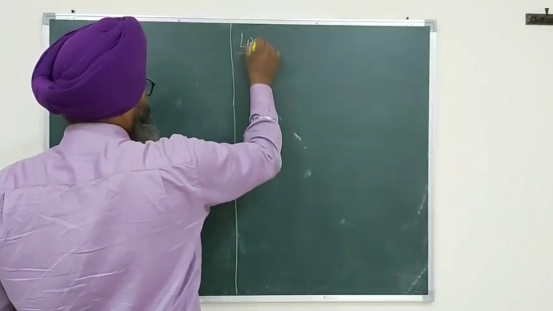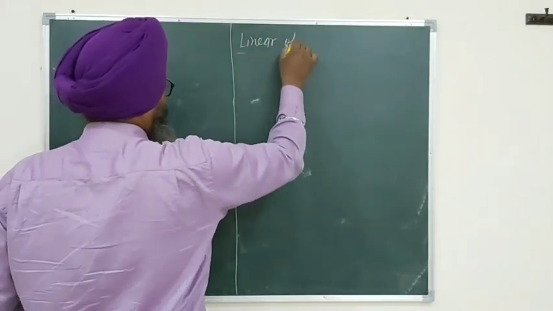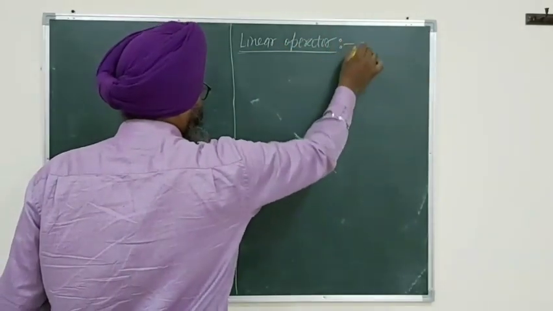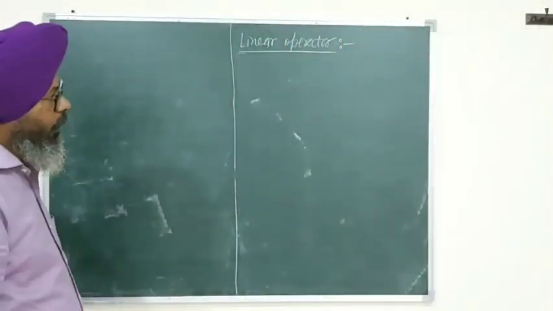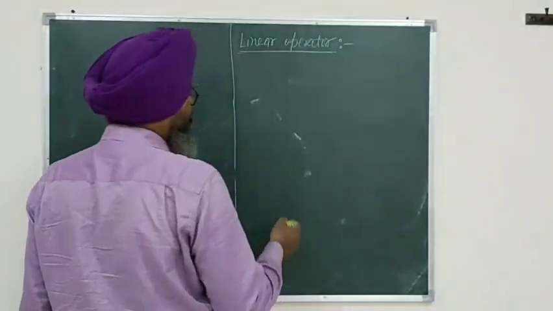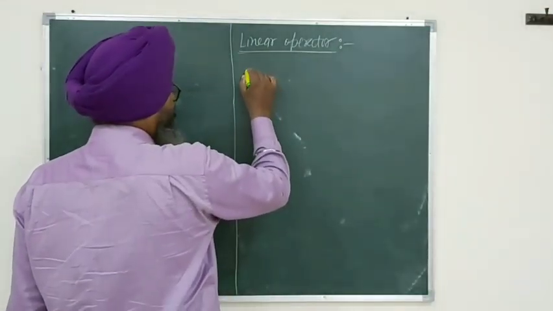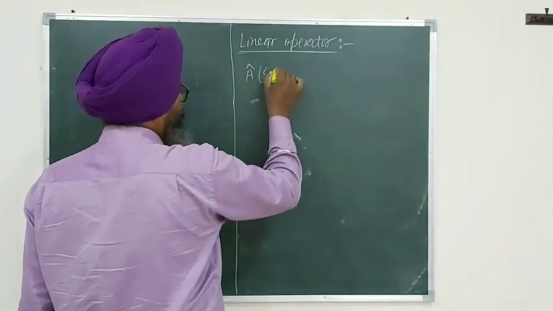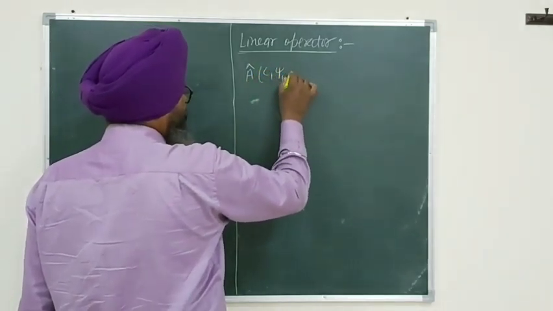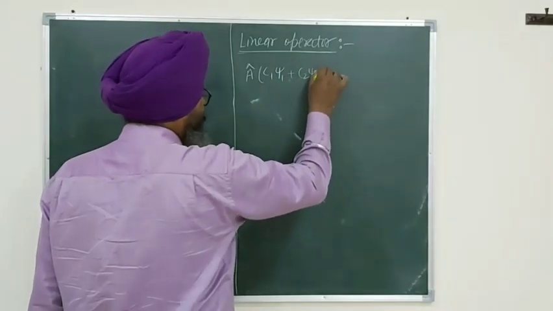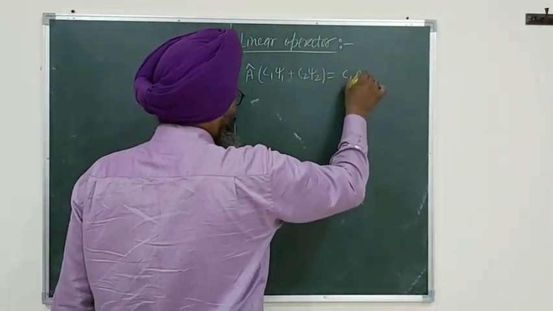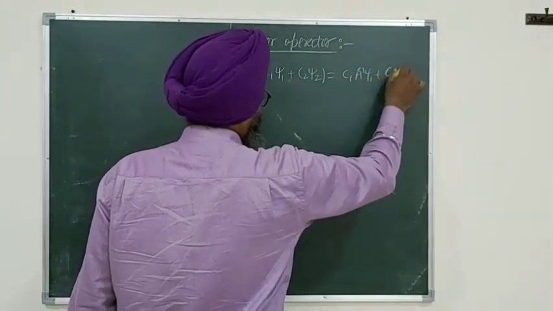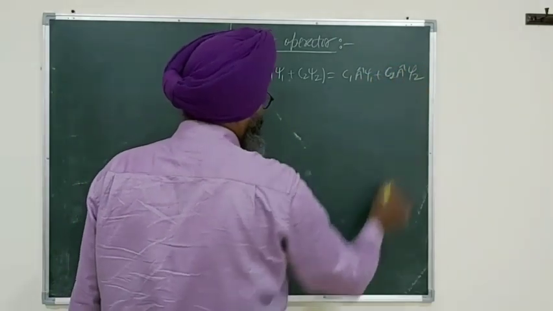An operator is said to be linear if it obeys this property: a cap of c1 psi 1 plus c2 psi 2 is equal to C1 A cap psi 1 plus C2 A cap psi 2.